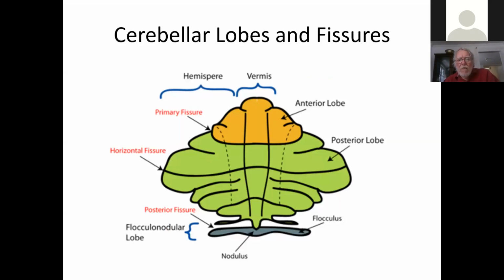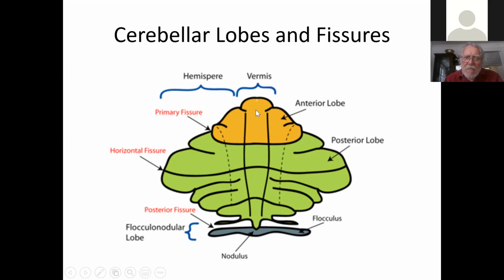So now the other thing that we can basically do about the cerebellum is look at this in a horizontal section. So what you're seeing up here is rostral, down here is caudal, obviously medial and lateral.